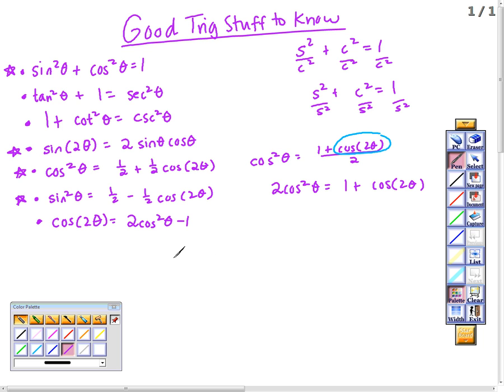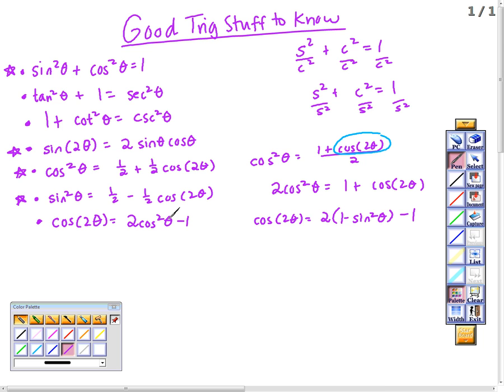Okay. I'm going to take this one and I'm going to modify it as well. I know cosine squared theta can be rewritten as 1 minus sine squared theta. Is that true? Yes. So all I've done here is made a substitution.